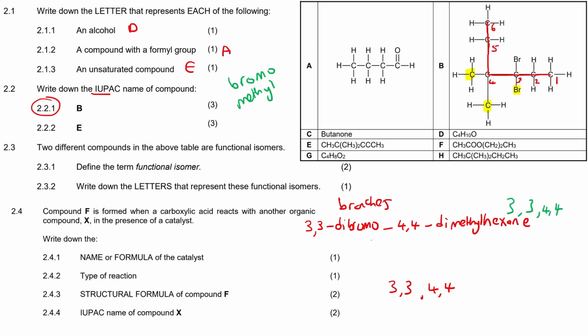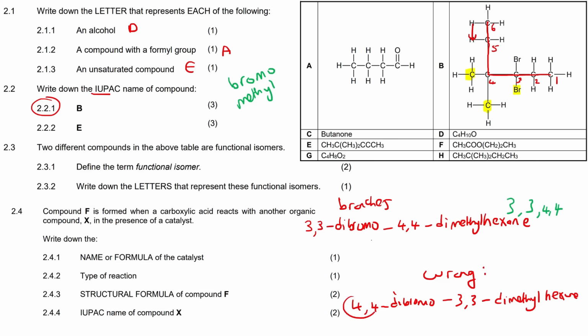But then Kevin, what are you talking about putting the lowest numbers? Well, if you labeled it from the other way, then you would have got this, and it's wrong. You would have got 4,4 dibromo. So you see how we would still put the bromo first, because it's alphabetically before methyl. But in this scenario, you're giving the bigger number to the one that comes first alphabetically.